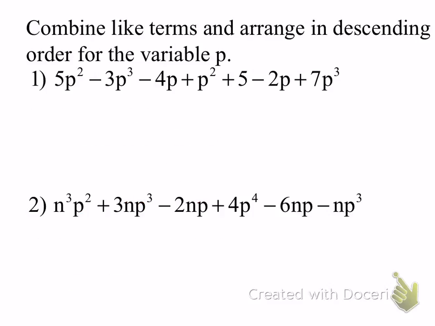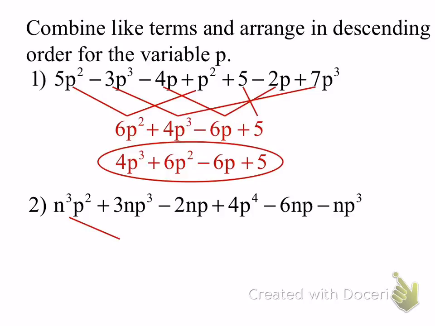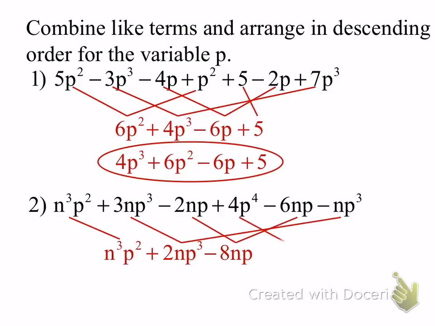Okay? Now, notice here they're saying combine the terms and arrange in descending order for the variable p. They will have to give you which variable down here, because you can't do it for n and for p. Do you understand? So we combine our like terms, and then we put them in order for the p variable.